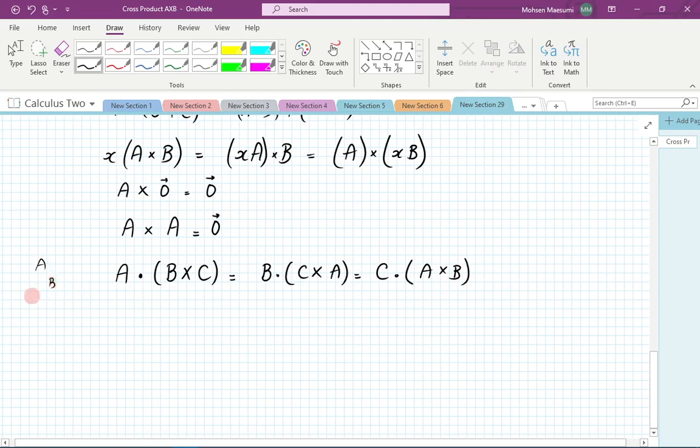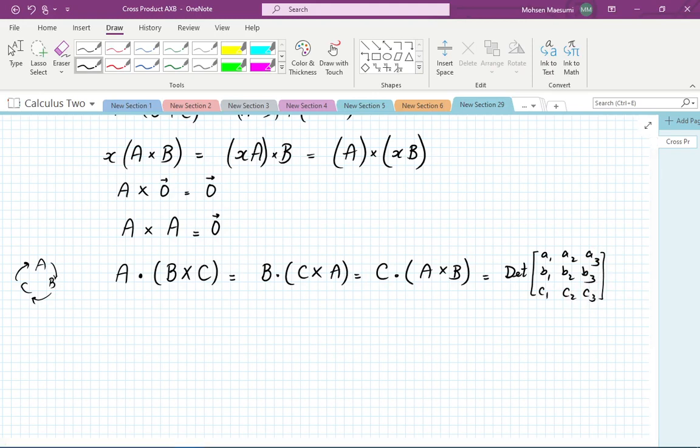Like if I have A, B, C, back to A. So I have A, B, C, then B, C, A, and then C, A, B. These products all turn out to be the same, and all of them are equal to the determinant of a matrix whose first row is A1, A2, A3, second is B1, B2, B3, and third one is C1, C2, C3.